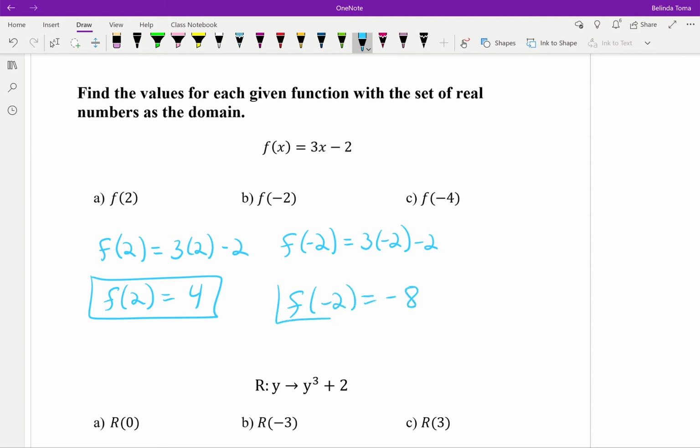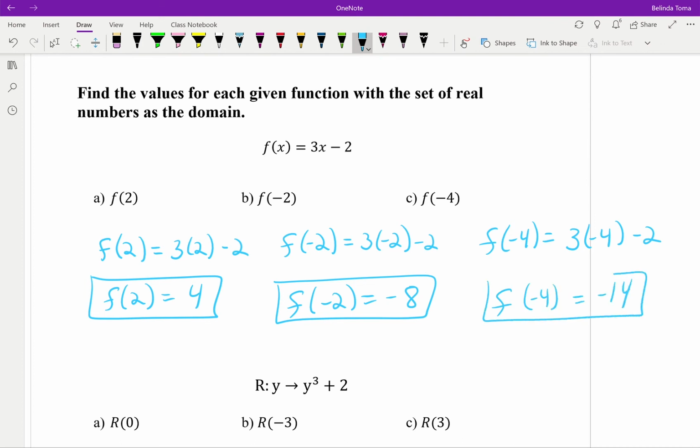And here's our notation. And one more example here. If we're using this function, f of -4 is 3 times the input, which is -4, minus the 2. So we get -12 minus 2, which is going to give us -14.